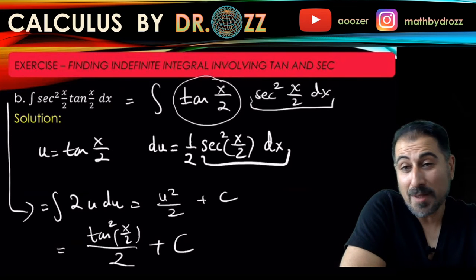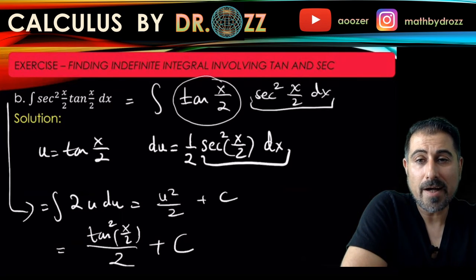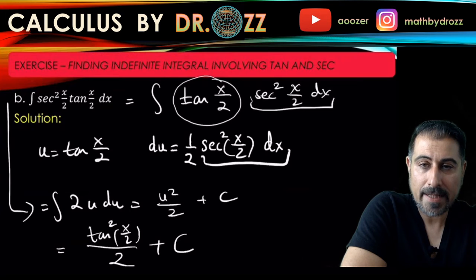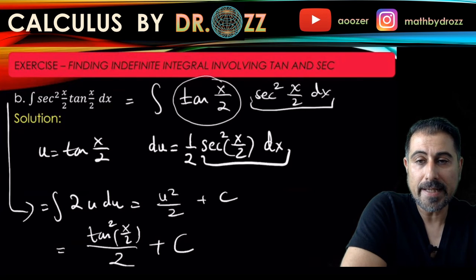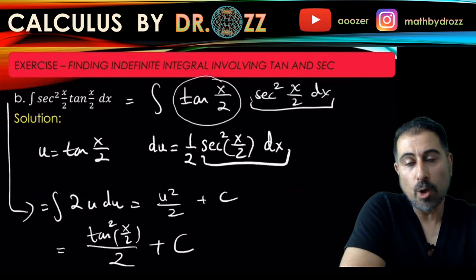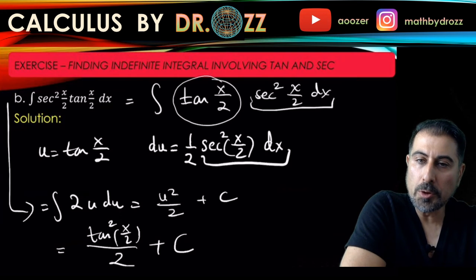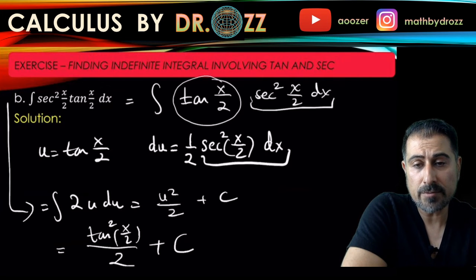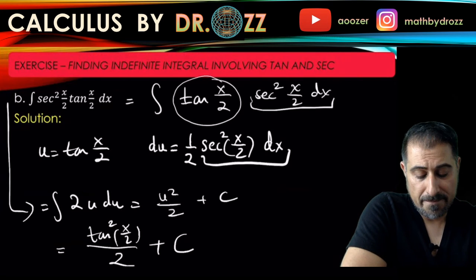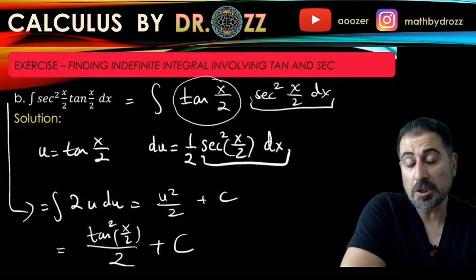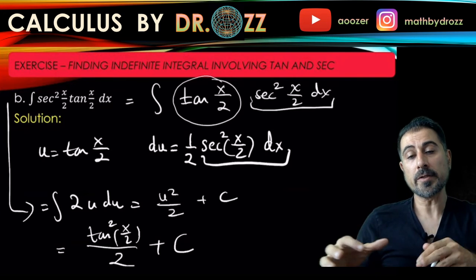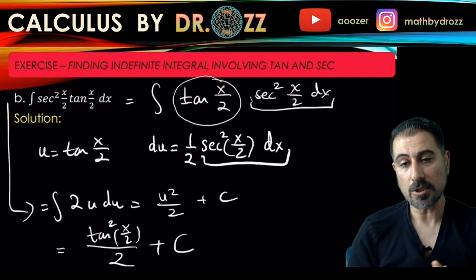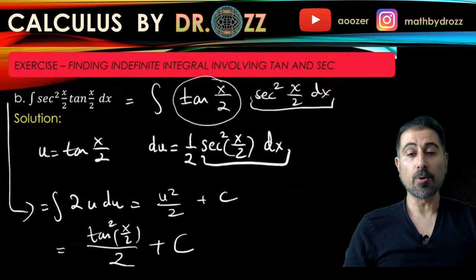Another way to handle this problem is you can reserve secant x over 2, tan x over 2 for dx, and then you're left with only secant x, and you can call u to be secant x, and you can get a similar result at the end. And you can write down the final value in terms of secant squared, which is okay because tan squared and secant squared are related to each other by the Pythagorean theorem.